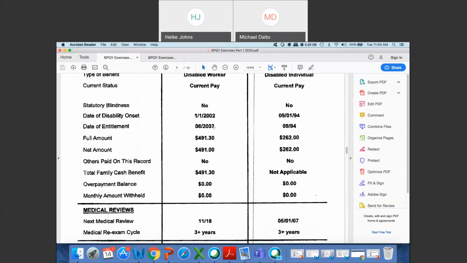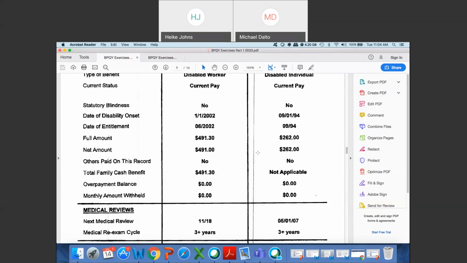They were entitled to SSDI in June of 2002. That's 5 full calendar months after the date of onset. That makes sense. That's the 5-month waiting period for SSDI. They become entitled to SSI the same month as the date of disability onset. There's no waiting period for SSI.